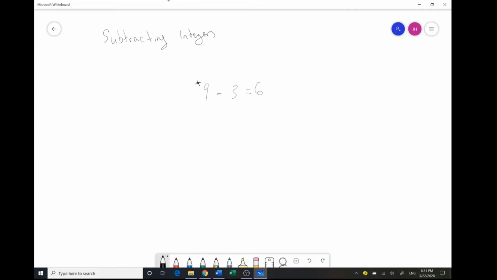Now, what if I do the same thing, but I rephrase the question a little bit differently? What about 9 plus negative 3? What would that get us to? To prove our answers, let's draw the number line again.